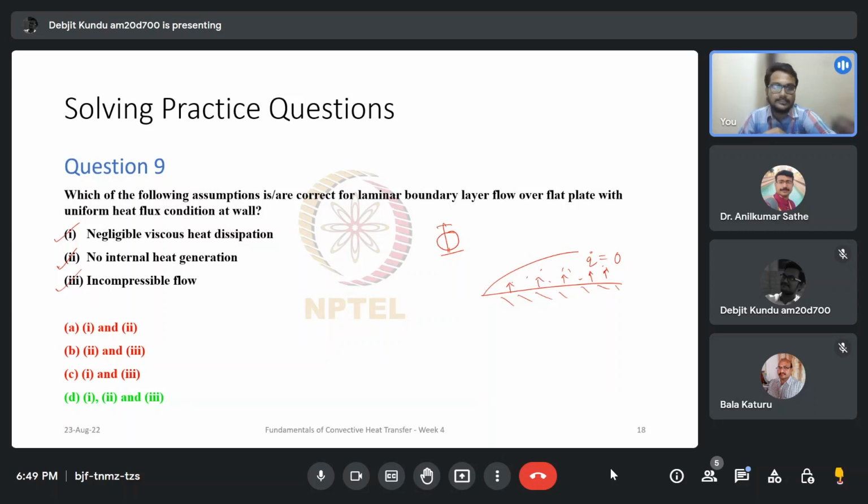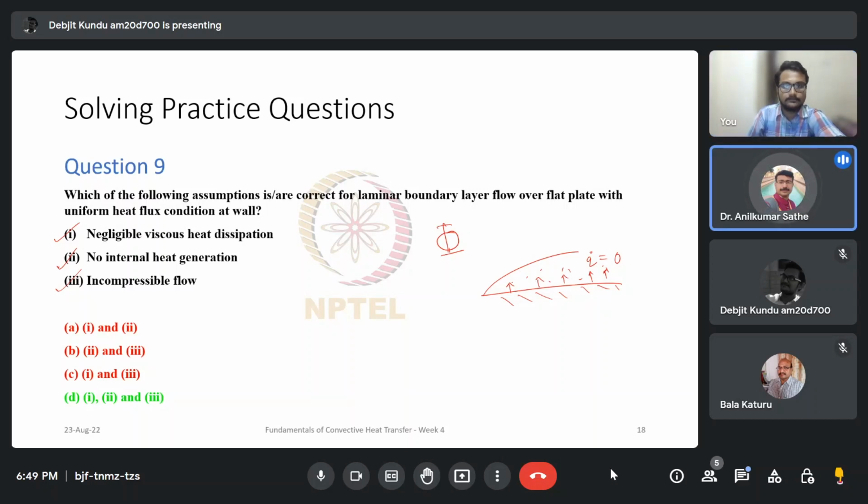In natural convection, due to temperature difference, there will be density difference which will drive the flow, so the incompressible flow assumption won't be correct. But in this case, we are still in the forced convection regime. Here, incompressible flow is one of our assumptions. So option 3 is also correct. As a result, 1, 2, 3, all of the above would be the correct solution.